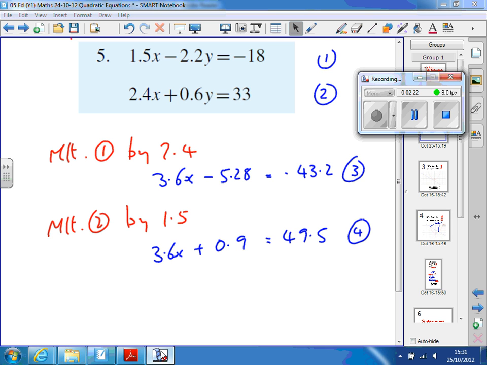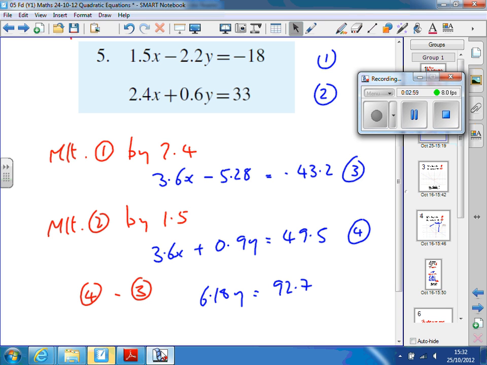Which way would you go? Yeah, right, so I'd do equation 4 take away equation 3. Then I'd have 0.9 minus, there should be a y there, minus 5.8 is plus 5.28, so I get 6.18 equals 4 take away 3, 49.5 minus is plus 43.2, so I get 92.7.